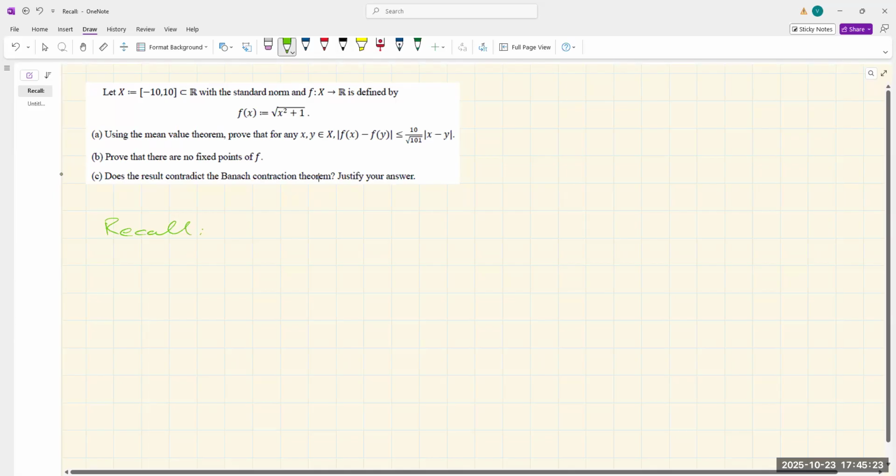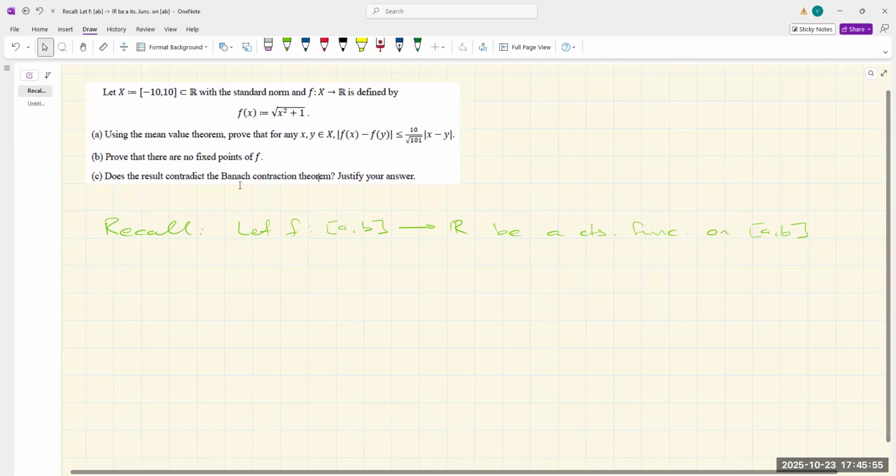So the mean value theorem is usually written like this. Let f be some function on some closed bounded interval [a,b] into the real numbers, and f is continuous, so let f be a continuous function on the closed interval [a,b].